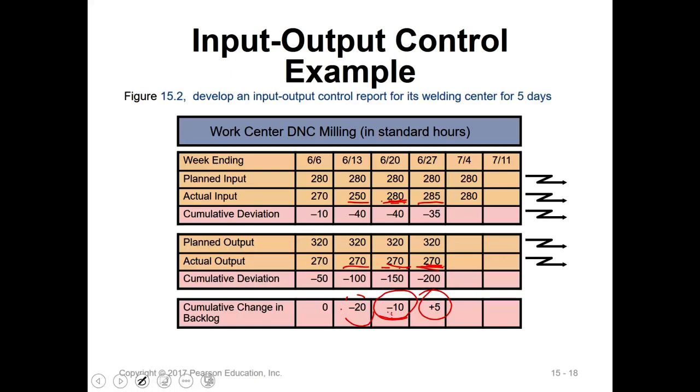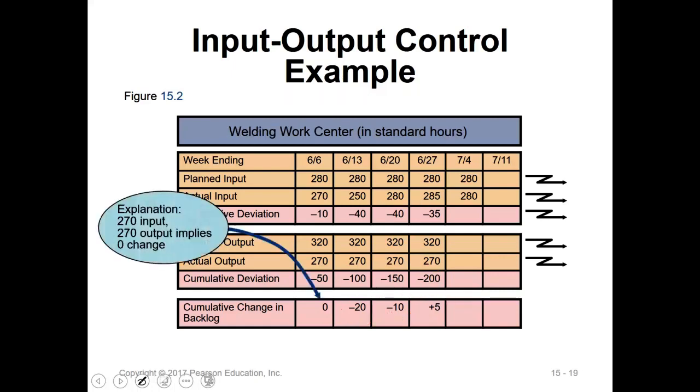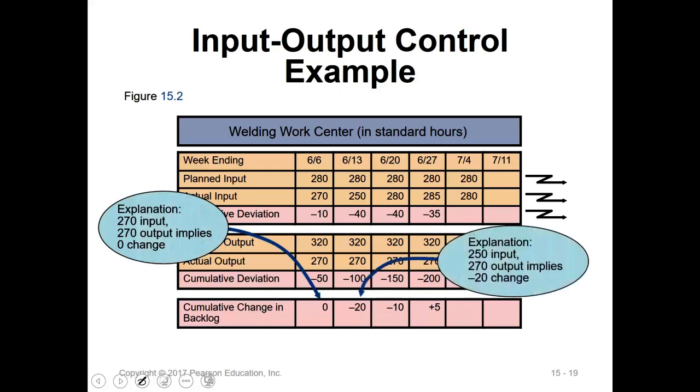Cumulative means you keep adding the previous week, always adding the previous week. This calculation we have seen several times. They tell you how to calculate the cumulative change in backlog. Here is 250 and 270, and in the end it is 5.